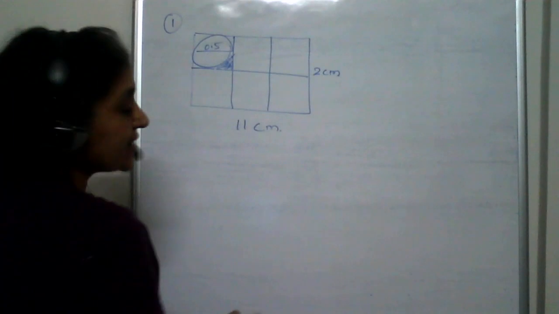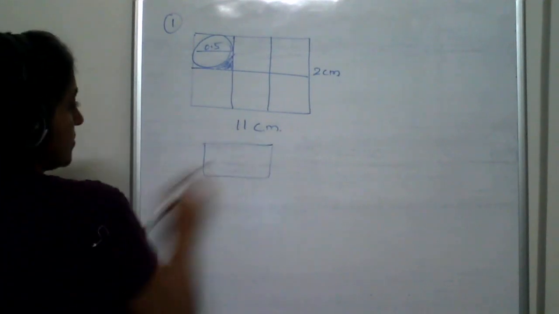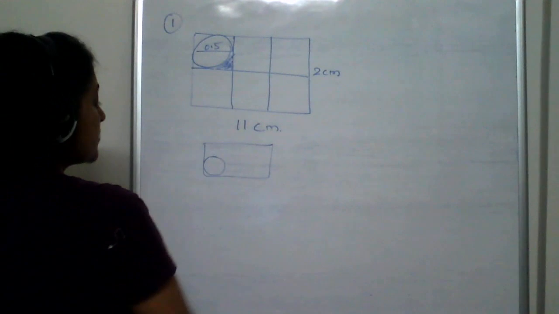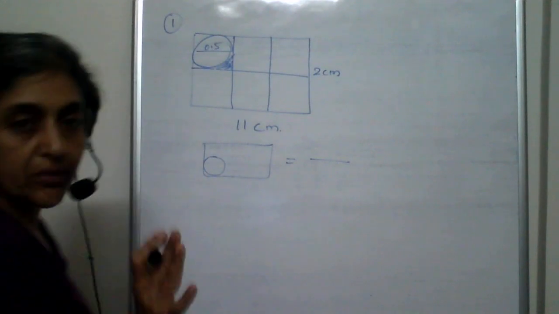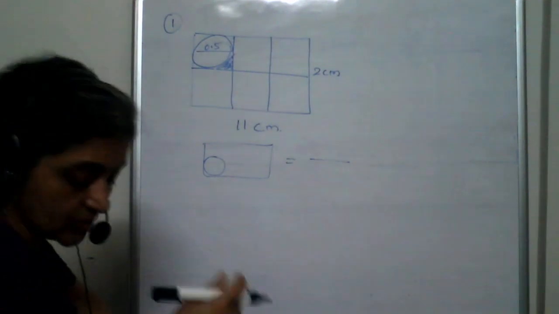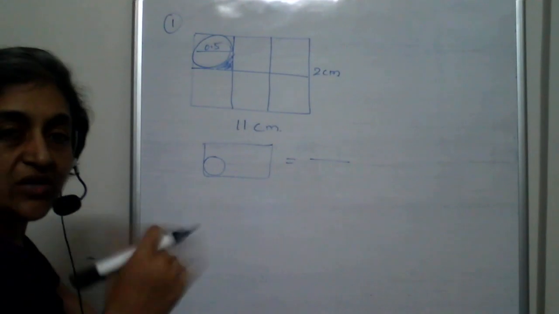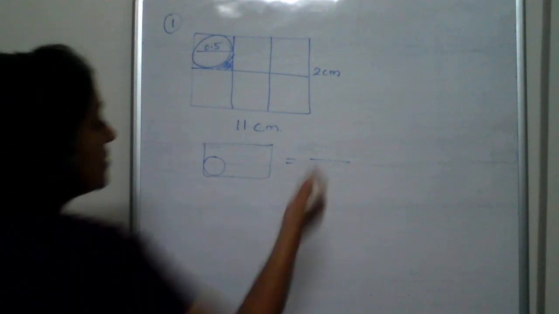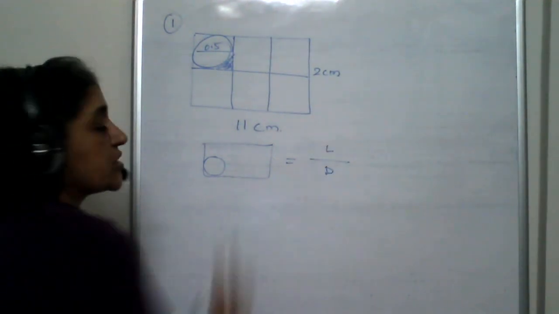Actually, that affects, means what? If you are dividing this rectangle by the area of the circle, division of numbers doesn't know the shape. Okay, means is it a square, is it a circle? Numbers don't know that, so numbers will keep dividing the numerator, whatever you write, from the denominator.